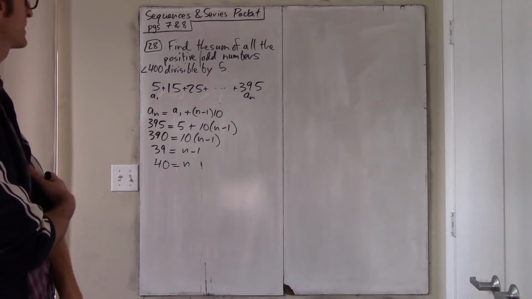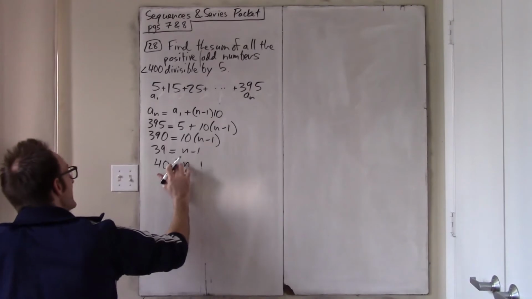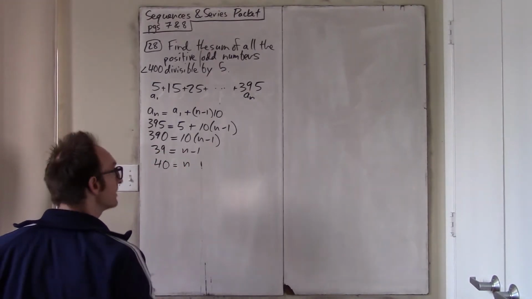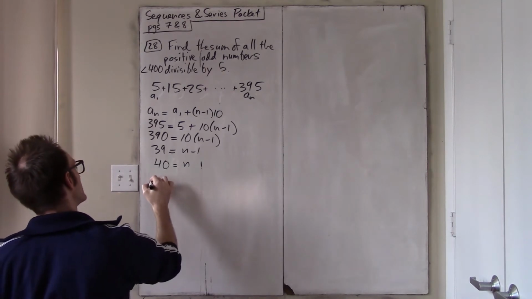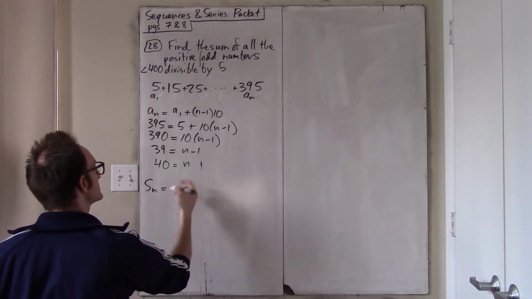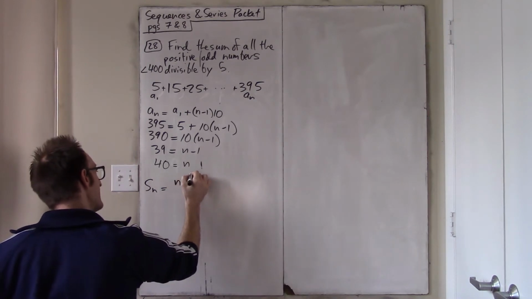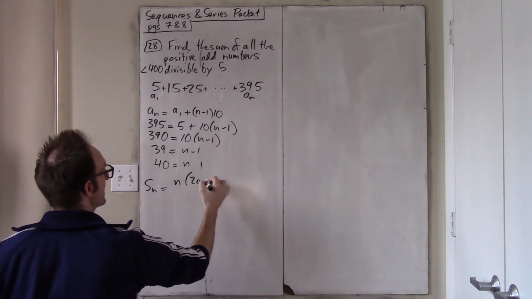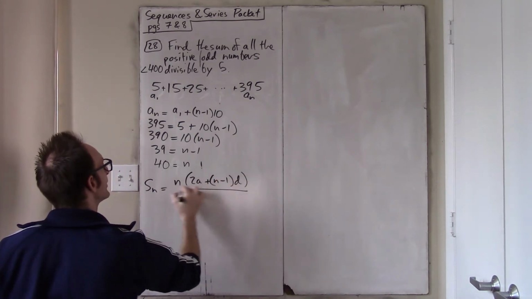Now that I know it's the 40th term, I just apply the formula. There are multiple versions of it. There's n times 2a plus n minus 1 times d, over 2.